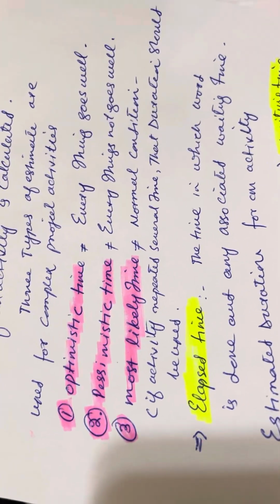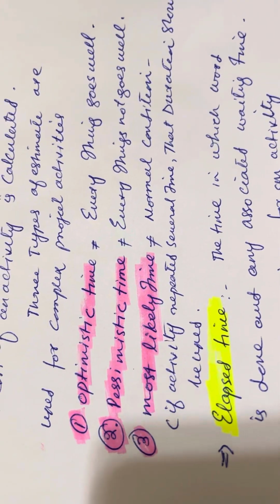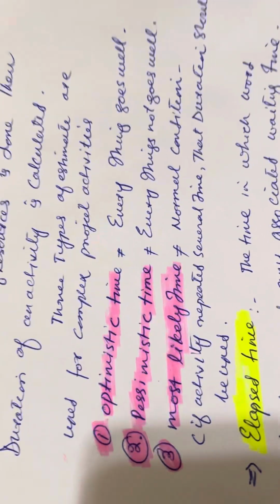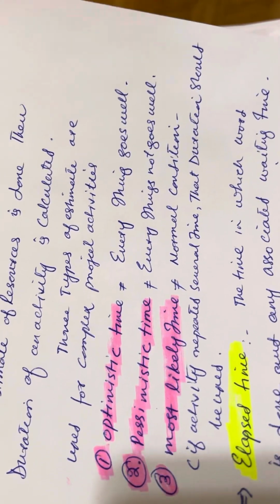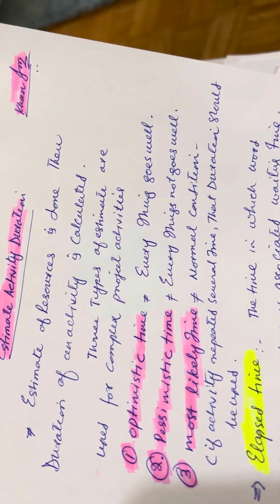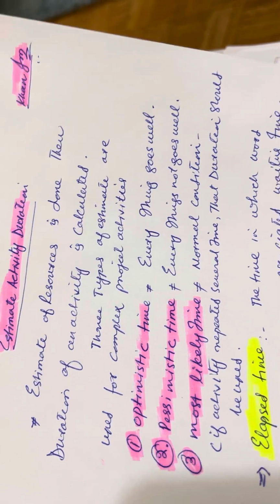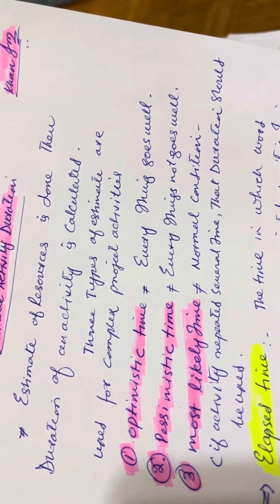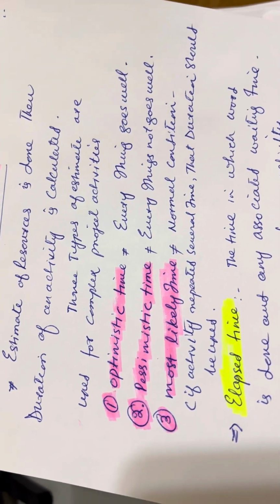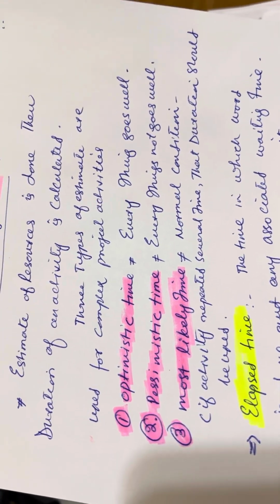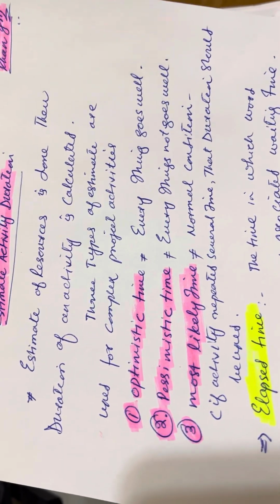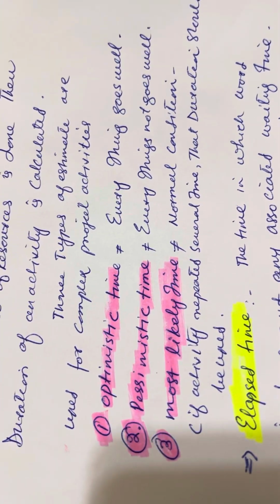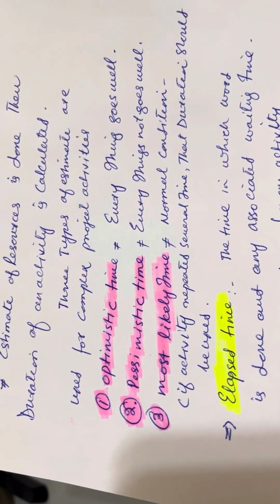The second one is pessimistic time. Pessimistic time is when everything does not go well. The activity, sometimes you consider it will take a certain time, but at the same time the resources will not be available. Sometimes the project outsources to a contractor and they cannot provide at the same time, so there will be delay.